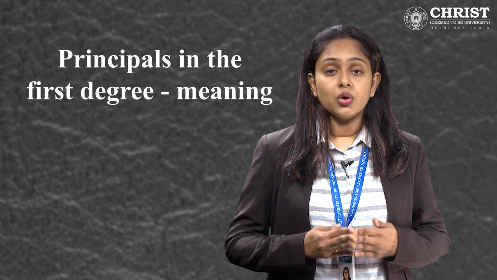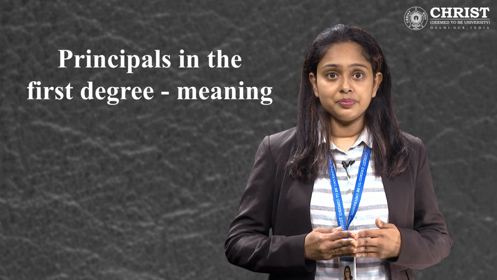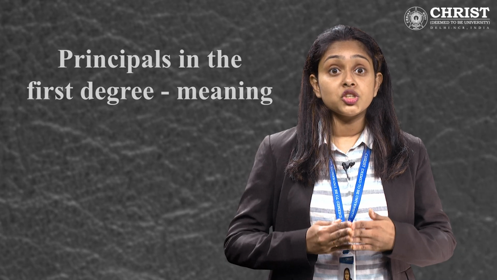So let us understand how the common law divides guilty parties into principals in the first degree and principals in the second degree or accessories. Principals in the first degree are the persons who perpetrate a crime directly. In other words, those who actually commit the crime or offence with their own hands. For example, Mr. A committed theft by stealing the wallet of Mr. B. Here, Mr. A is the final perpetrator who performed the act, and hence he is principal in the first degree.